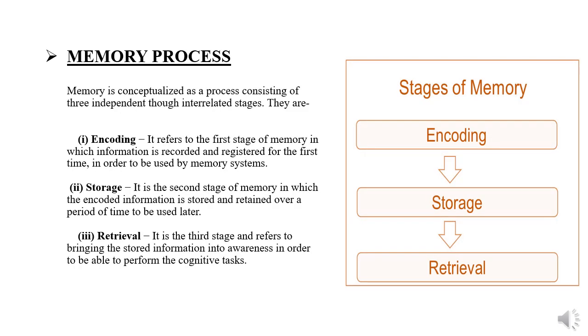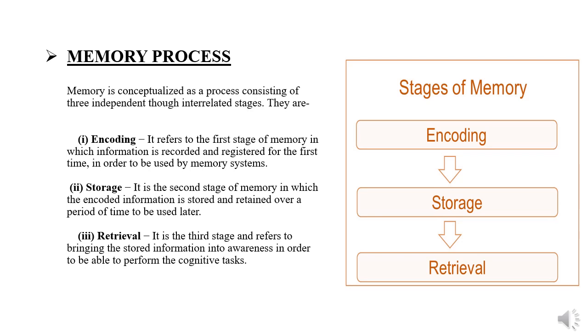Our memory is divided into three stages or three processes, that is the encoding, storage and retrieval. So encoding is the first stage of memory in which information is recorded and registered for the first time in order to be used by the memory system. We are always exploring our environment, and when we do, our senses are always receiving some kind of external stimuli or information.